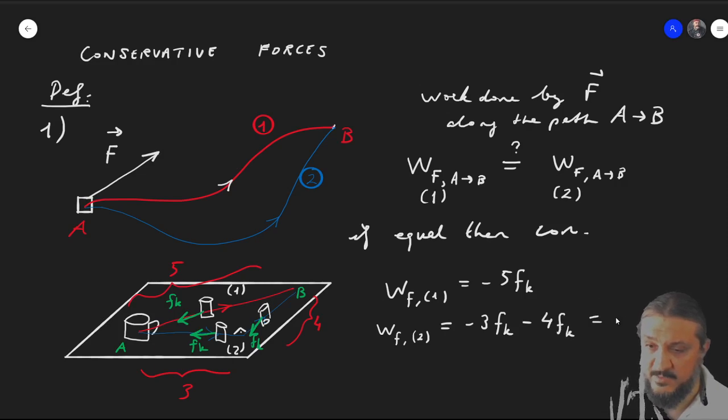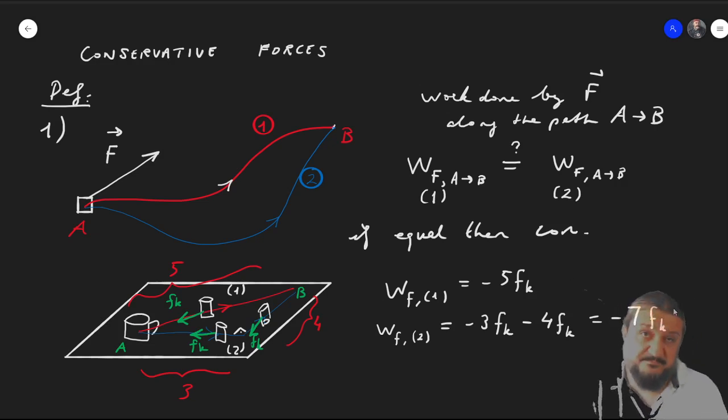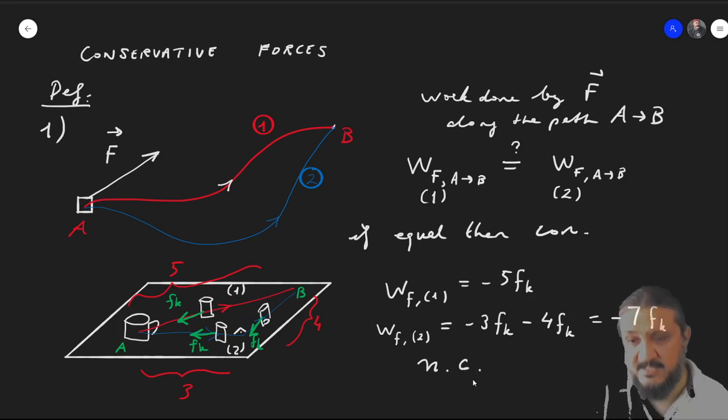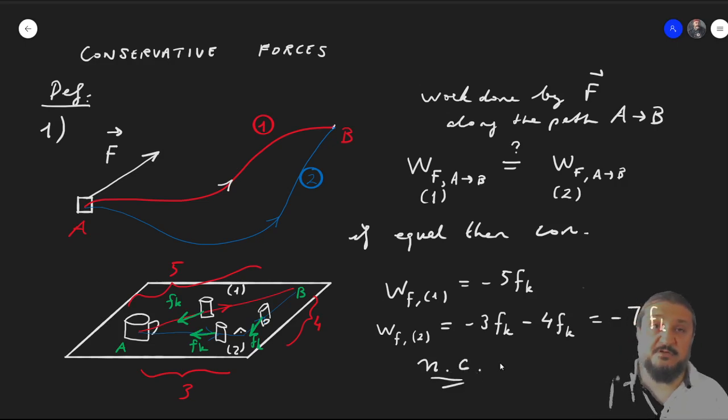So I'm going to have what? 7, right? Negative 7 Fk. They're not the same, obviously. So it is a non-conservative force. N.C. means non-conservative force. Friction is non-conservative.